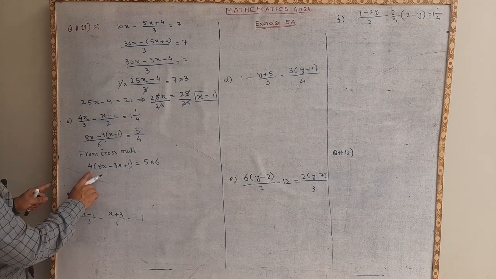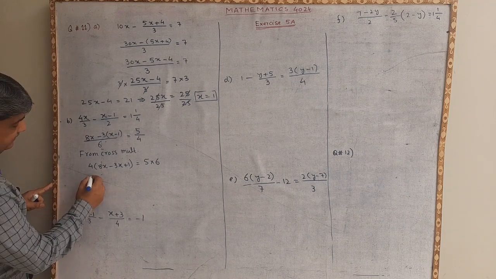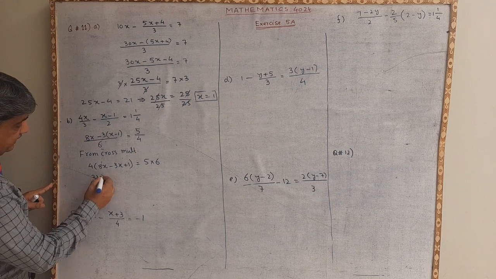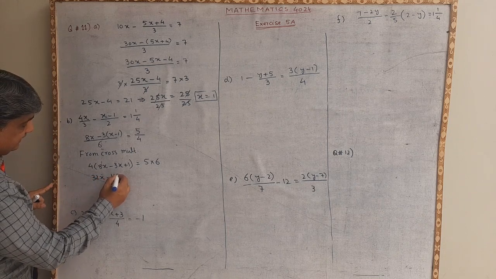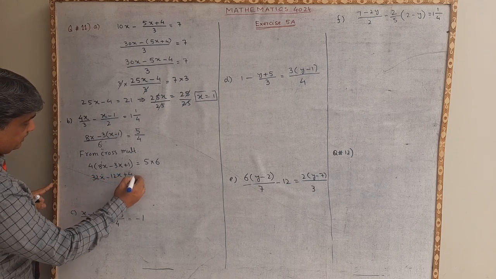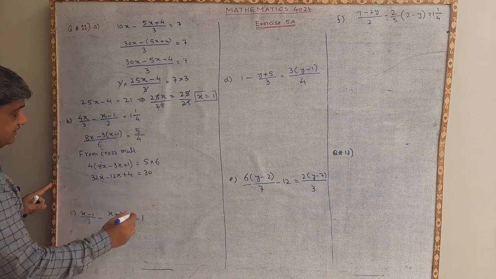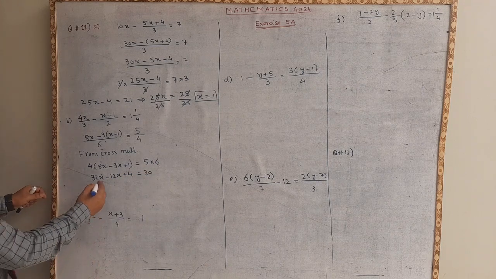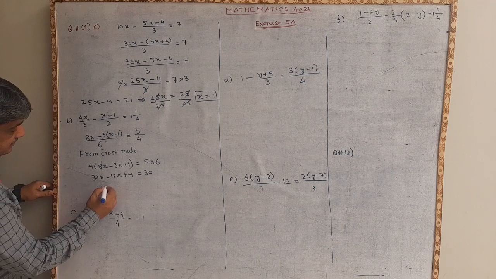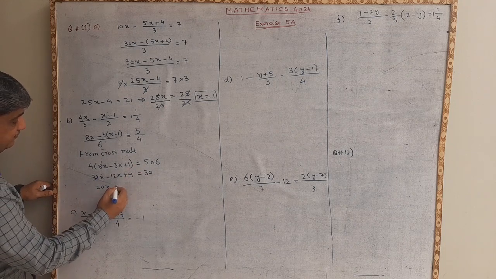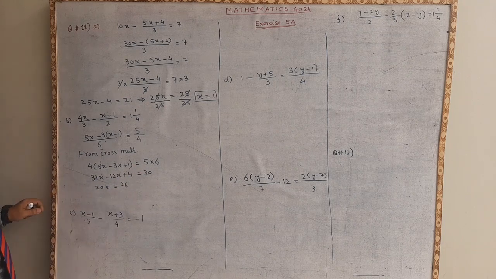Now, ladies and gentlemen, 4 times 8 is 32x minus 12x plus 4 is equal to 30. So this will be 20x, and that will be 26.